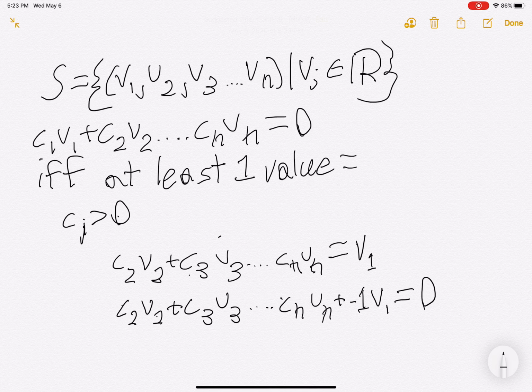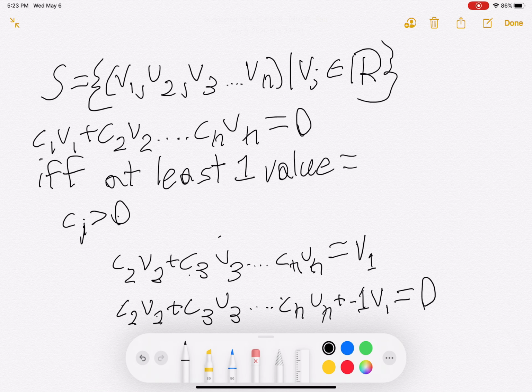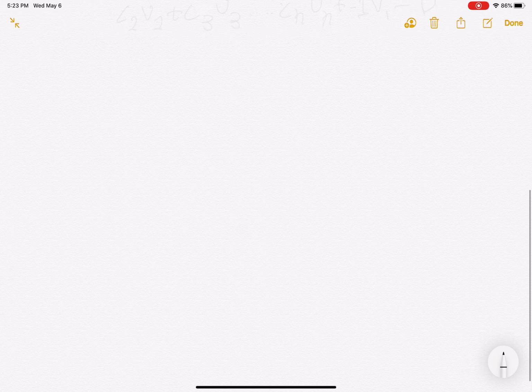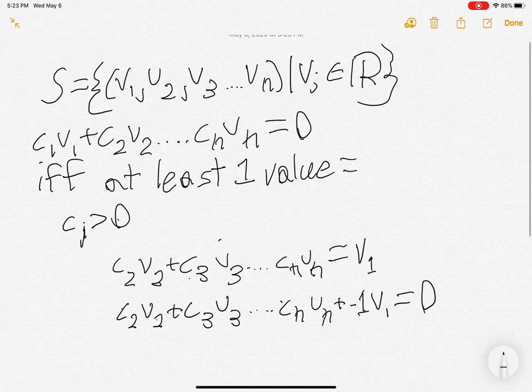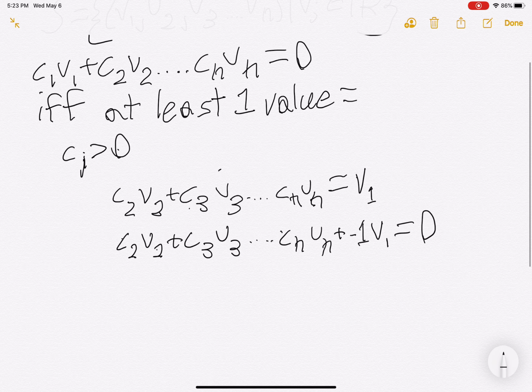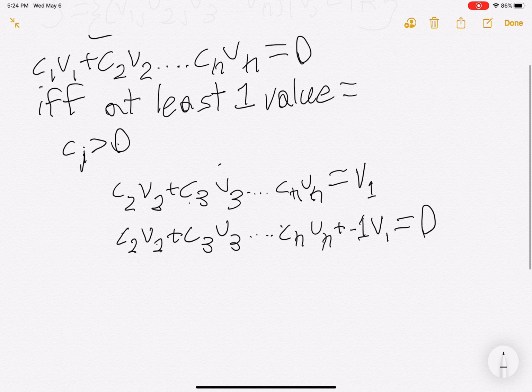So let's say that c1 is some non-zero constant, so we can actually divide both sides by c1. So let's keep that equation in view. Okay, so let's relate it.